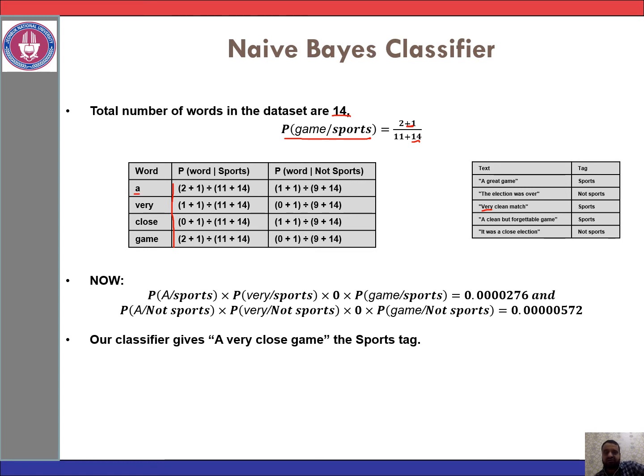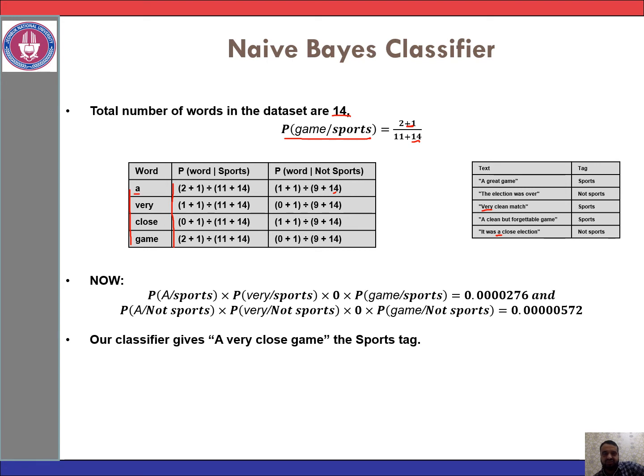Now we will also find the probabilities of these words given that the tag is not sports. Here we can see that A is repeated just once in the not sports tag. No A here, and here is just one time. So 1 plus the smoothing factor divided by 9, the total number of words in the non-sports tag, plus 14, the normalization term.